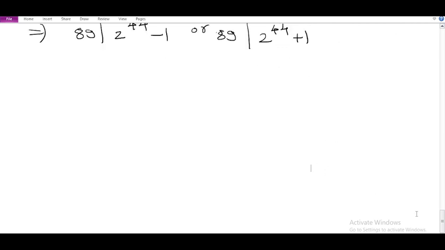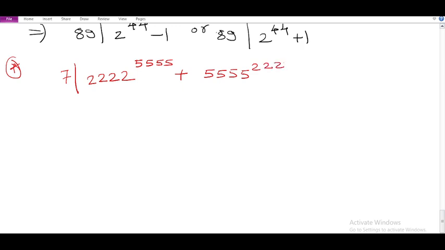now the next example. 7 divides 2222 raised to 5555 plus 5555 raised to 2222. Now let us break this problem into two steps.